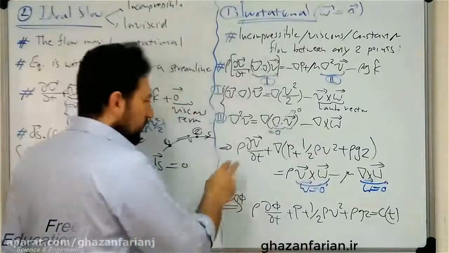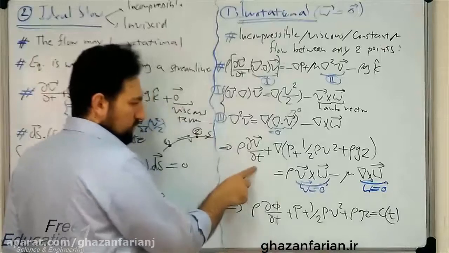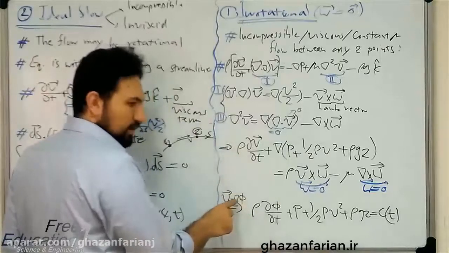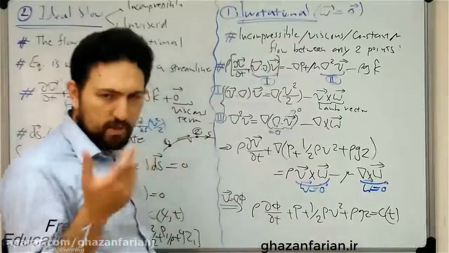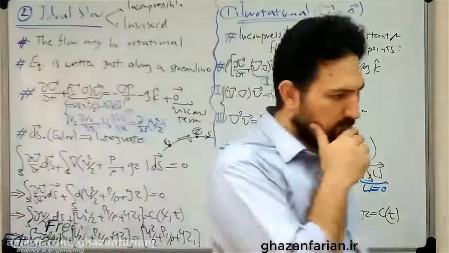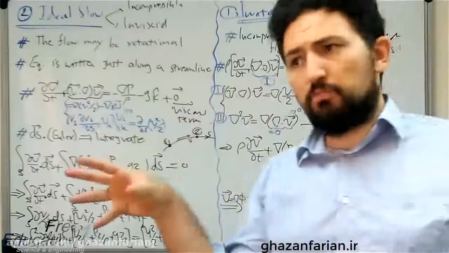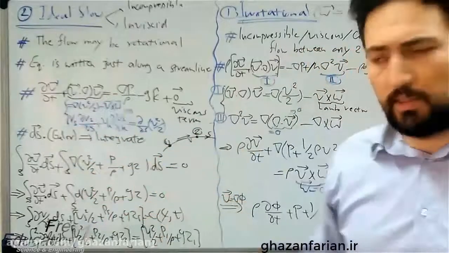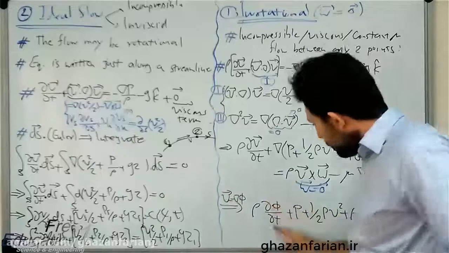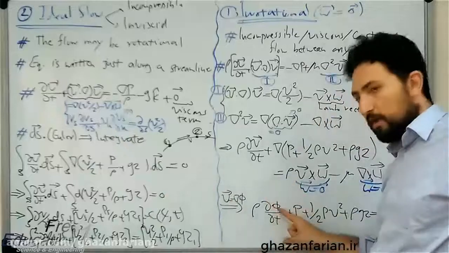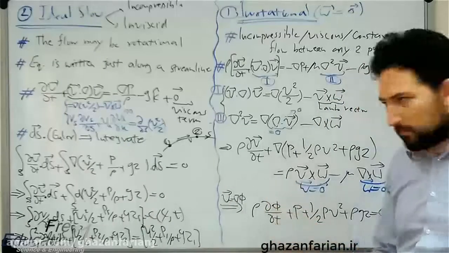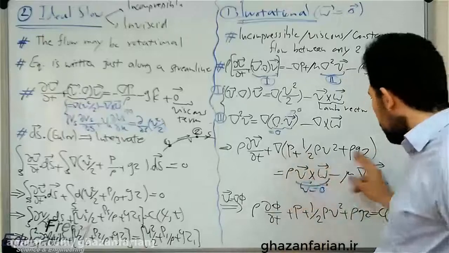You see that the order of derivation with respect to time and the gradient operator can be interchanged because the flow field is continuous and the continuum mechanics principle holds. Then we have the partial derivative of the gradient of phi, or the gradient of the potential function, and the gradient of these terms.